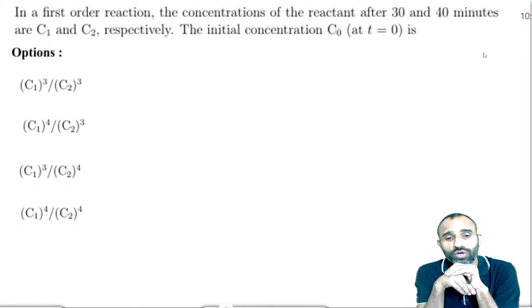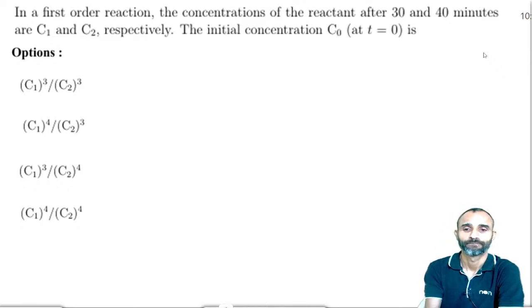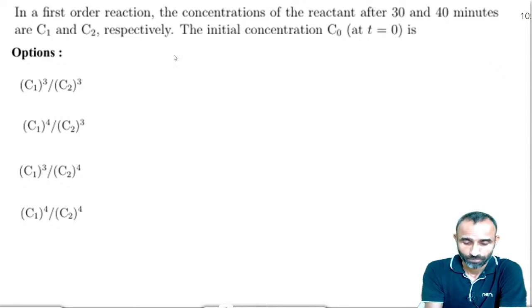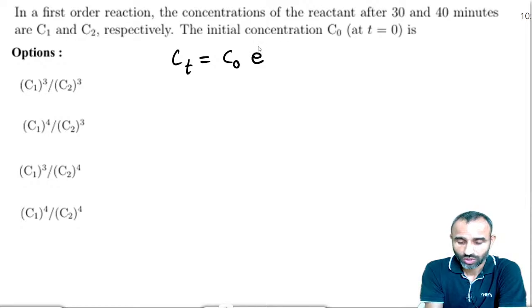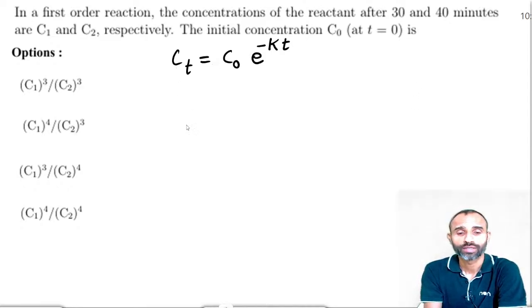In a first order reaction, concentrations of reactant after 30 and 40 minutes are C1 and C2 respectively. What is the initial concentration? For first order reaction, Ct equal to C naught e raised to power minus kt, the formula.